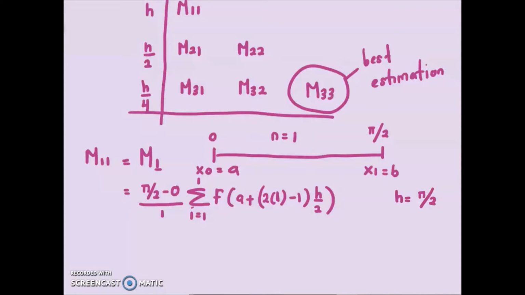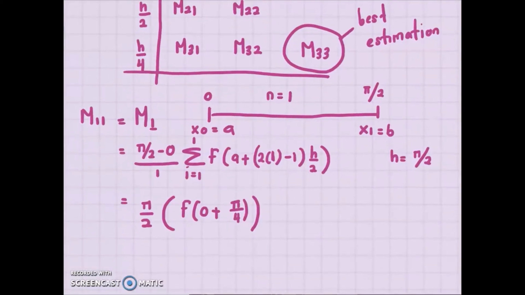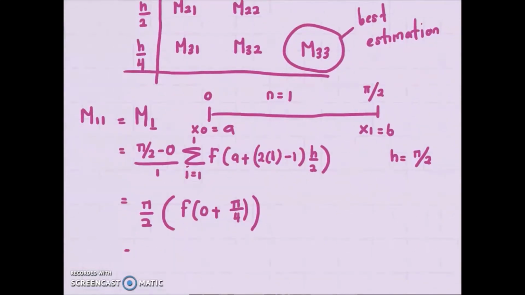So the summation is just 1: we have f of (0 plus (2 minus 1) times h over 2). Here h is pi over 2, so h over 2 is pi over 4, and 0 plus pi over 4 is pi over 4. So I have pi over 2 times f of pi over 4.